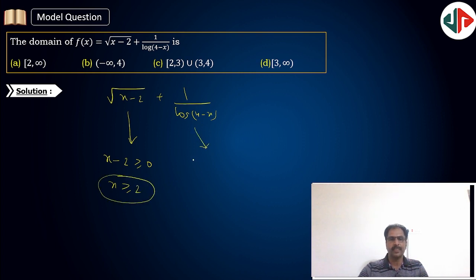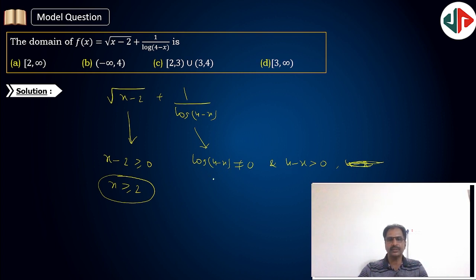Next, here, log of 4 minus x should not be 0 because it is in the denominator, and we know that logarithm is defined only for positive numbers, so 4 minus x should be positive.